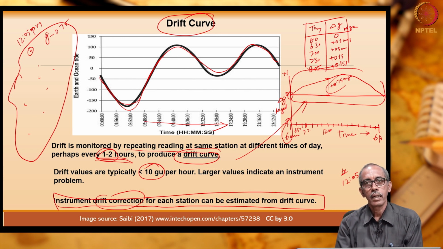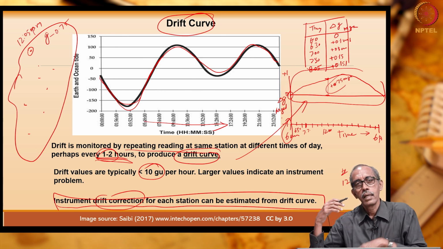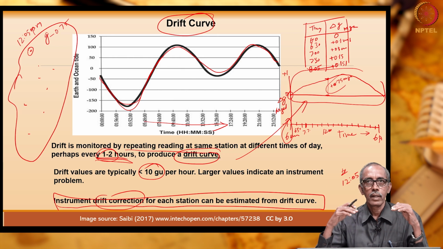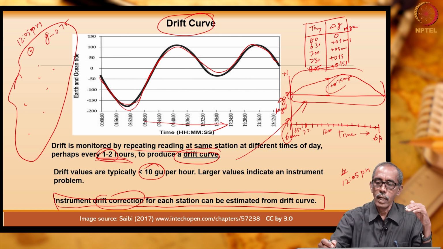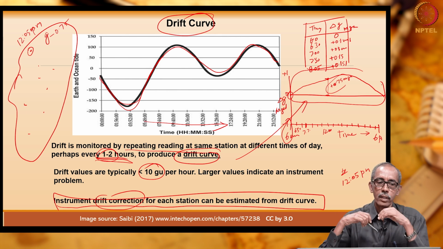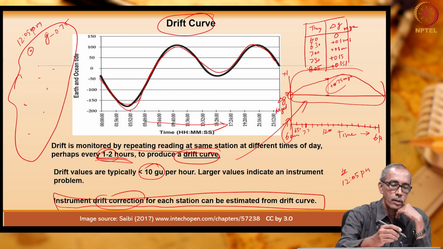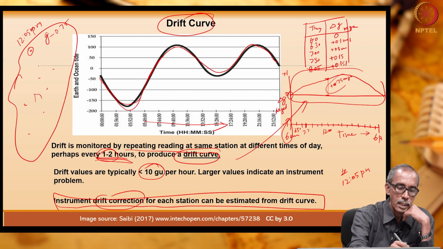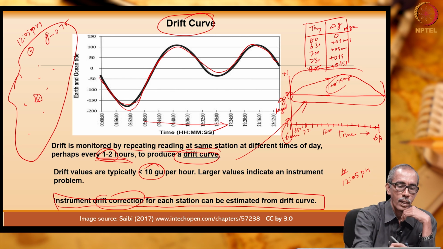In order to obtain drift correction, we prepare this drift curve. Is that clear? That means our aim is to get rid of the drift. How do we achieve that? We achieve that by preparing a drift curve. So, when you are doing a survey in the field, you choose one station, preferably at the middle of your site with easy access, as your base station.